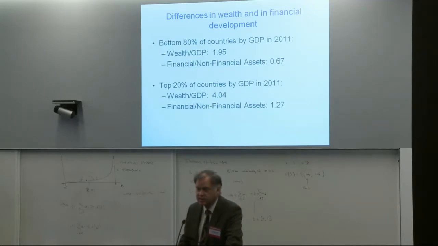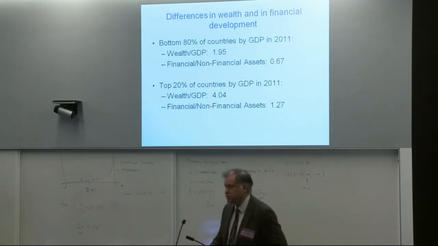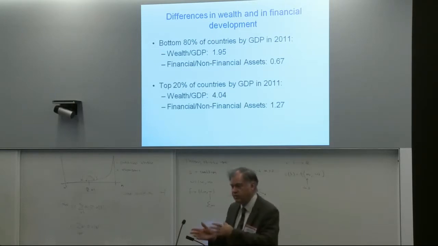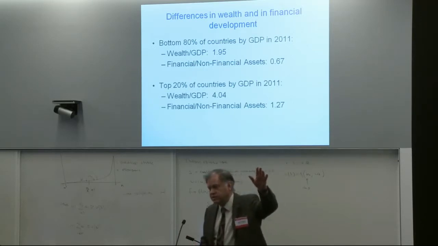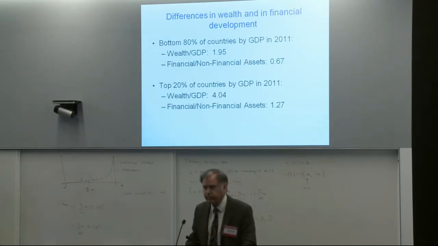Now, here's an interesting slide. I'm quite interested in how the wealth-to-income ratio varies across countries. So it's an easy exercise to do after you have our numbers, to sort the countries by their GDP per capita. And what this says is that if you take the bottom 80% of countries by GDP, that's an attempt to have 80% of the world's population.